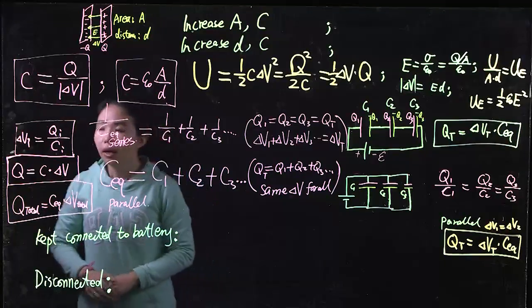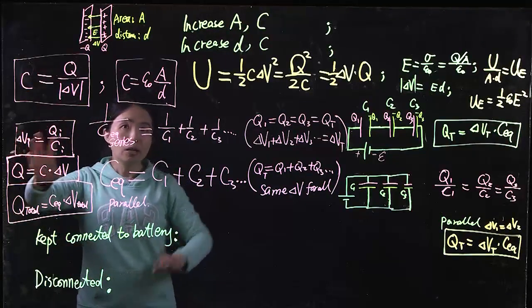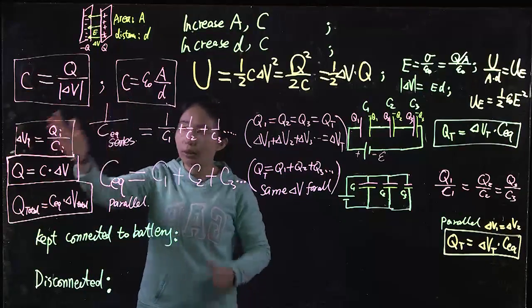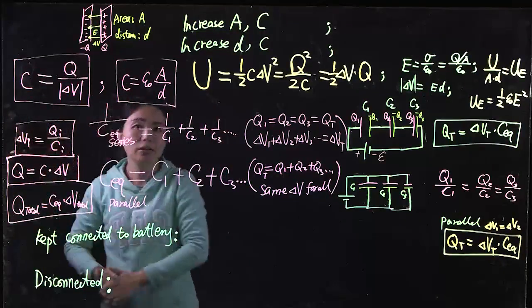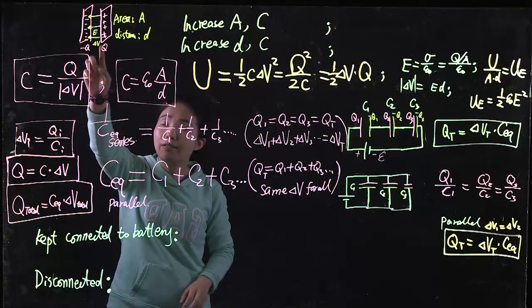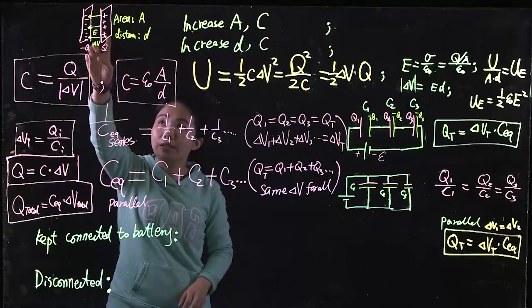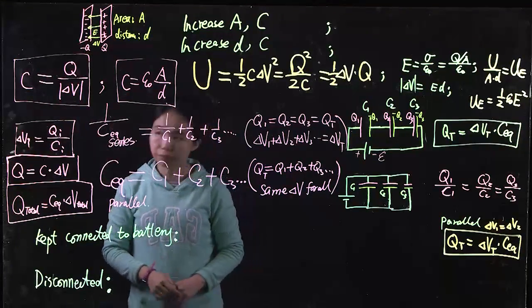Okay? And also notice that whenever we talk about delta V related to a capacitor, we talk about the absolute value. Don't worry about low voltage minus high voltage. We always consider the voltage to be positive, the absolute value of this minus that. Okay?